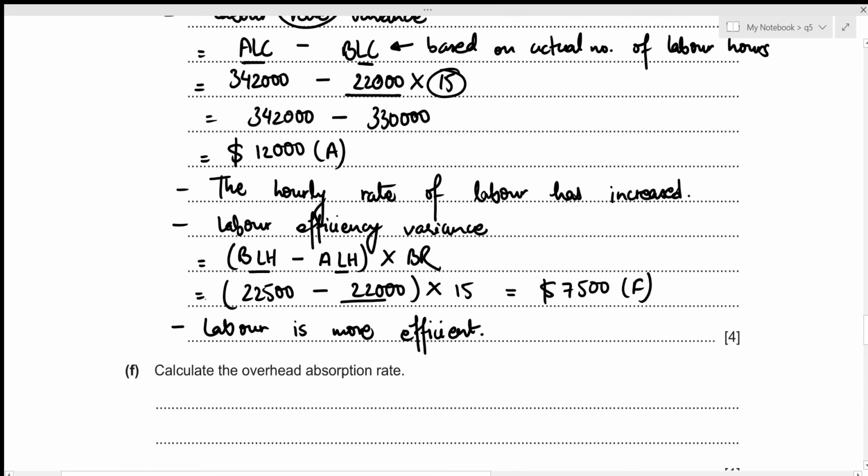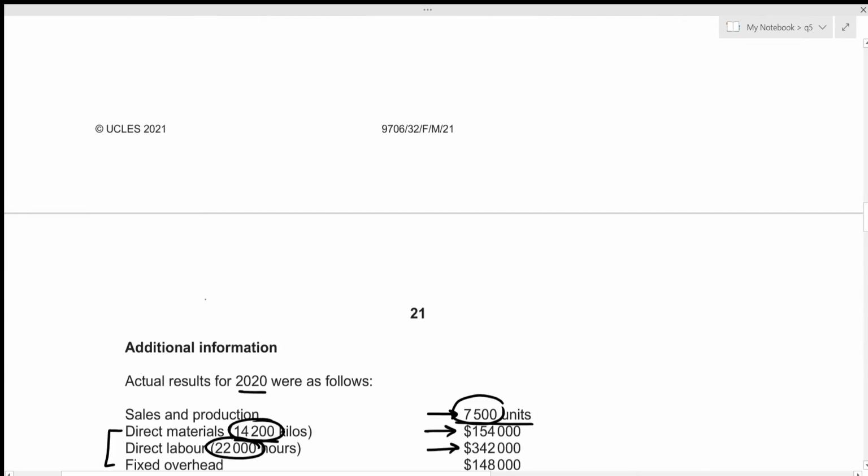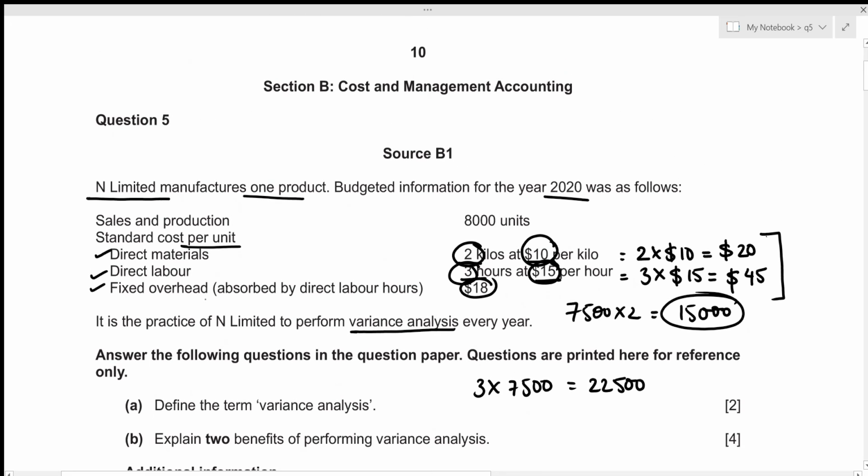Now for the sixth one, we need to calculate the overhead absorption rate. Let's have a look at our budgeted information. We are given our fixed overhead, which is absorbed by direct labor hours. And this is the per unit cost, right? Now we just need to divide this unit cost among our direct labor hours. Each unit requires 3 hours of direct labor, right?